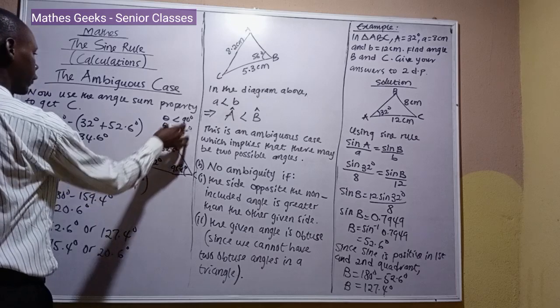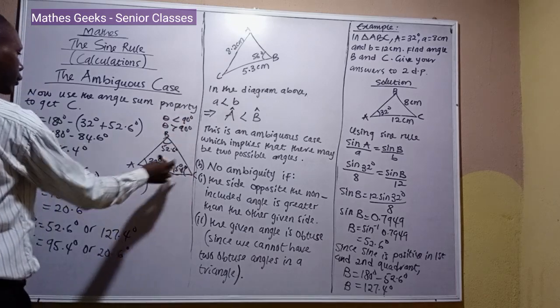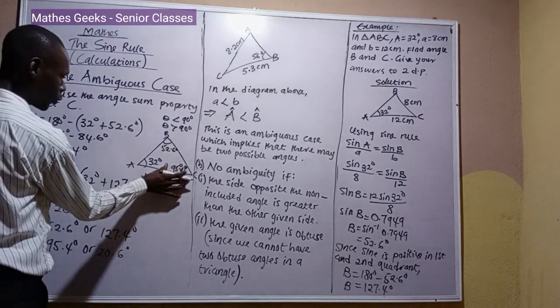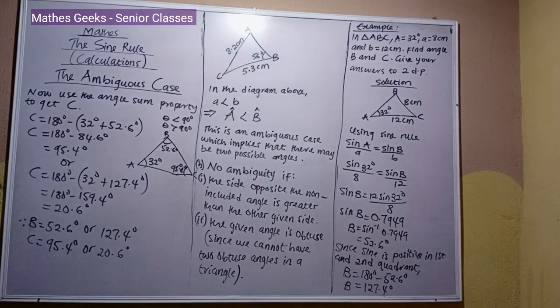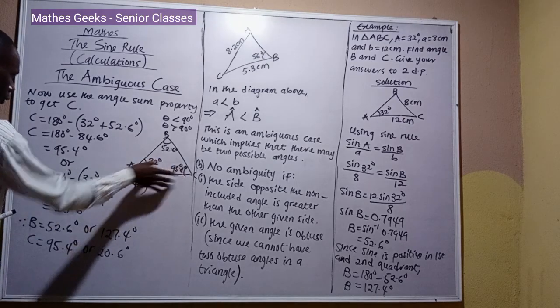So it's slightly above the 90 degrees range. So at least one of them is obtuse, so that implies ambiguity. Also, this is the first form of solution.